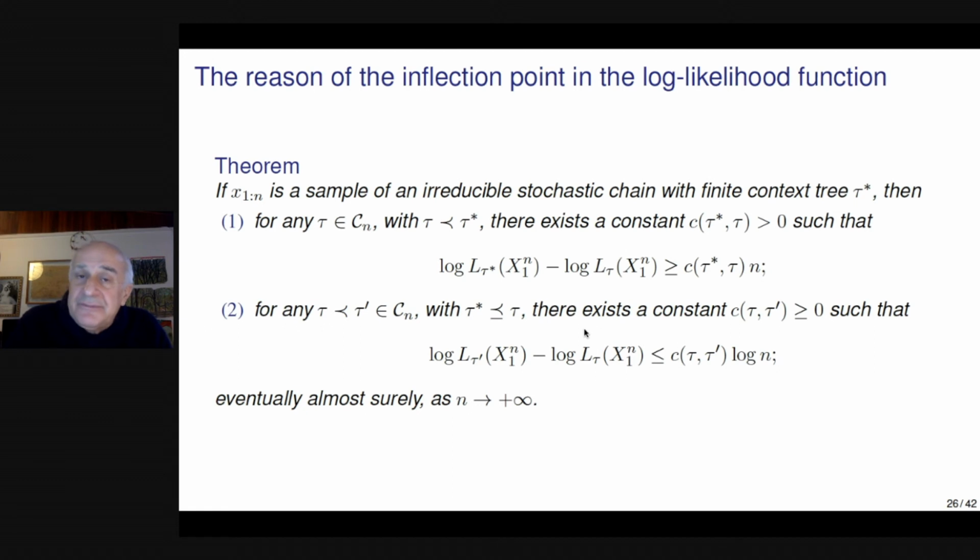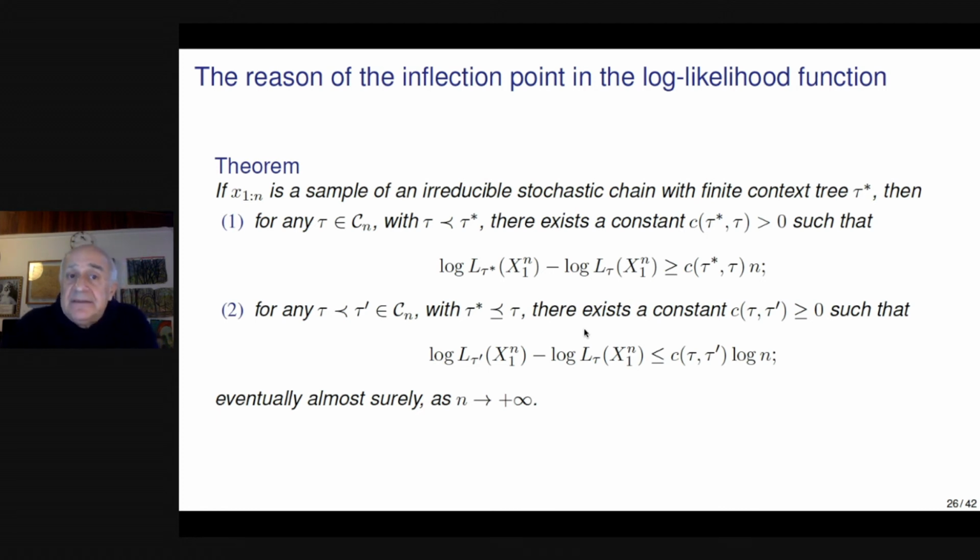In the same conditions as before, a sample generated by an irreducible stochastic chain with finite context tree tau star, if we take a champion tree tau smaller than tau star, the likelihood associated to tau star is obviously bigger than the likelihood associated to tau, but the difference between them is greater than a constant times the size of the sample.